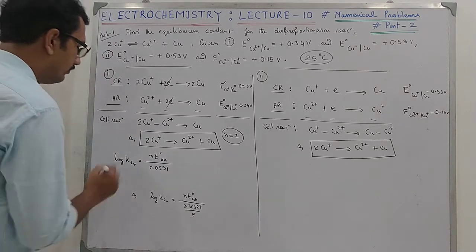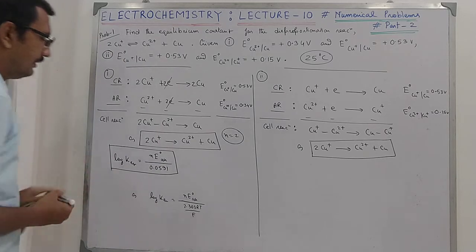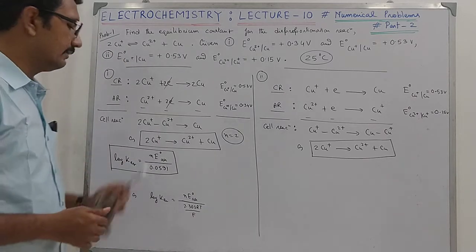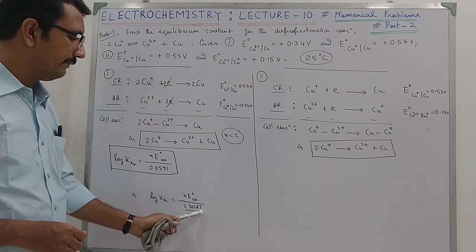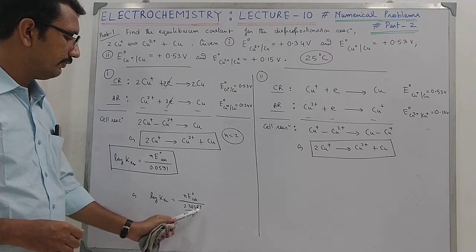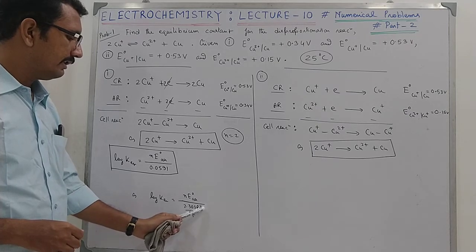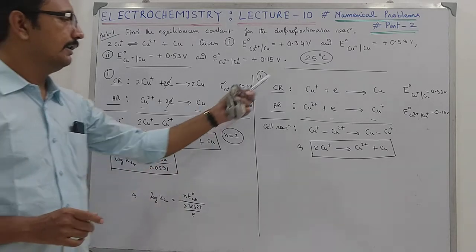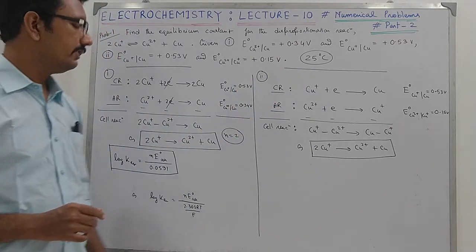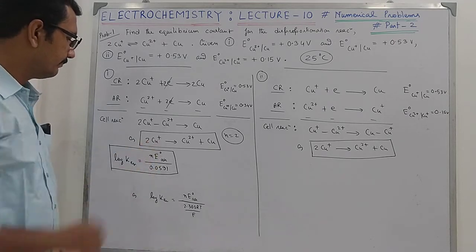So this is the expression for K equilibrium at 25 degrees centigrade. If the temperature is not 25 degrees centigrade, you just put the value here, no problem. 2.303 into R, it will be 8.314, and you put the temperature that is given, obviously in absolute temperature, so you have to add 273 to 25, and F is 96500. So we will get this value.